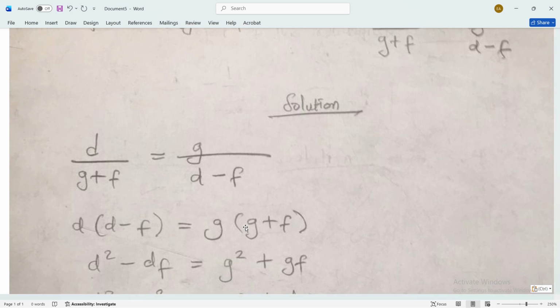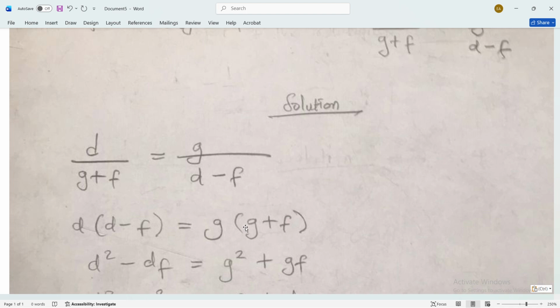That means we have to move negative df to where positive jf is, because they are like terms, and so we group like terms.